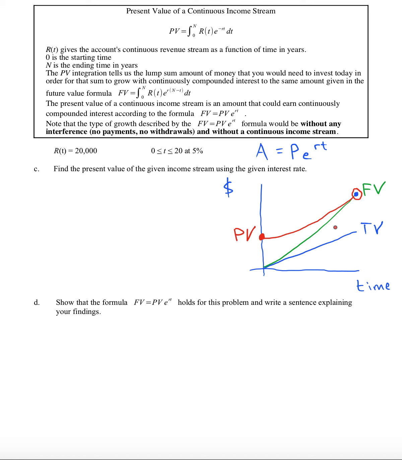In past videos, I did say that the total value of this particular account was $400,000. So let's write that in. And I also determined that the future value of this account, according to the integration, would have been about $687,000.